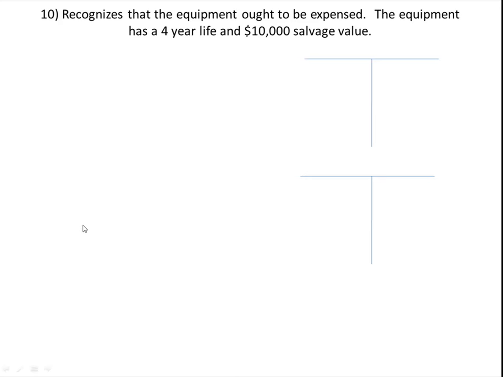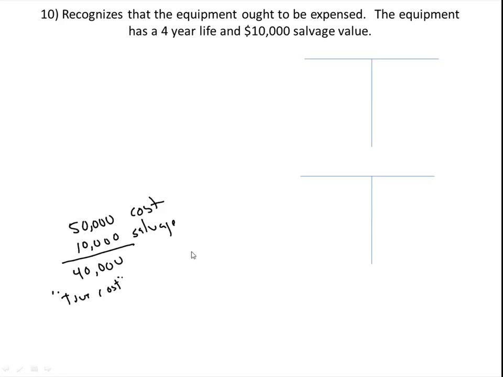In this case, we had a piece of equipment that cost us $50,000. We had $10,000 of salvage value, giving us a true cost, we'll call this true cost, of $40,000.